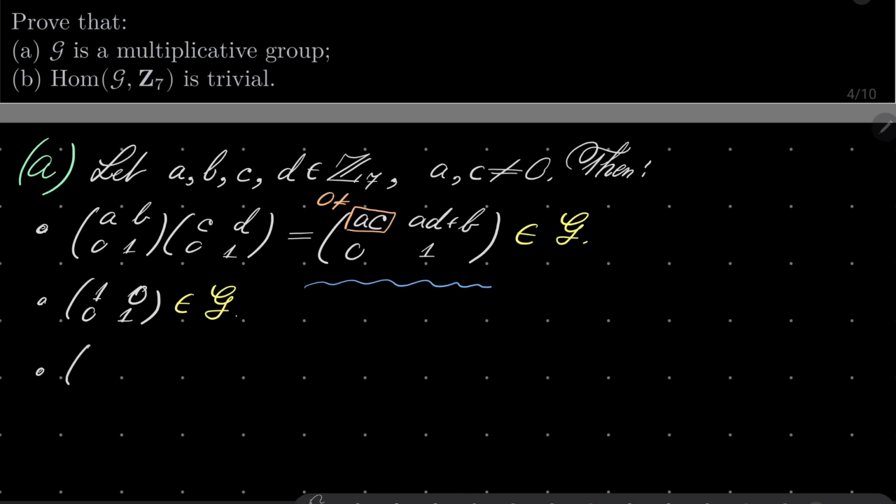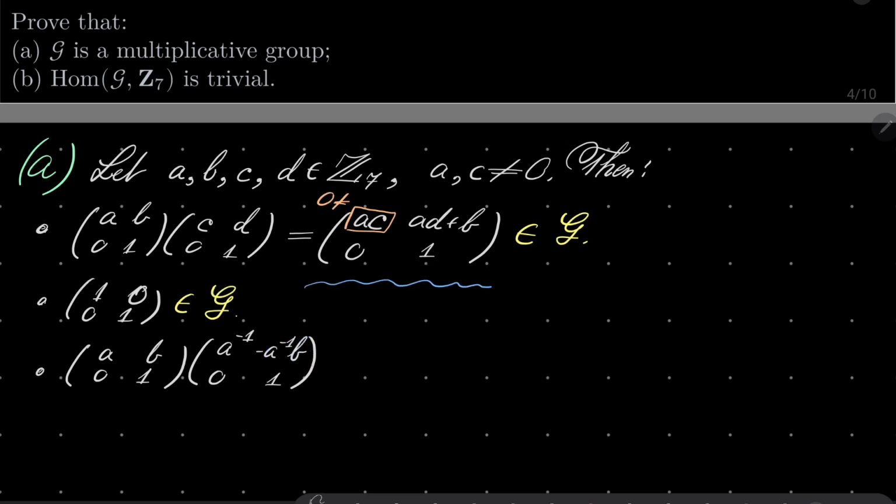Notice that if I multiply (A, B; 0, 1) by something, I wish to get (1, 0; 0, 1). Well, to get 1 right here, I should define C to be A inverse. And to get 0 here, I should define D to be minus A inverse times B.